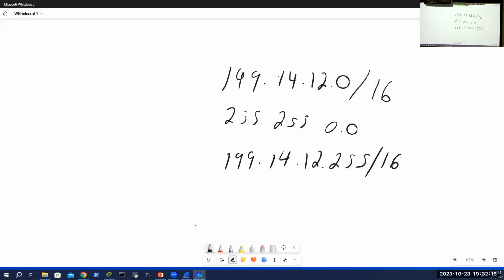Yeah. Yeah, because again, since the network ID is 16, that means the 3rd and the 4th octets are the host. And the rule is you can't assign when the host is all zeros. So that would have had to have been 0 for it to be not usable.